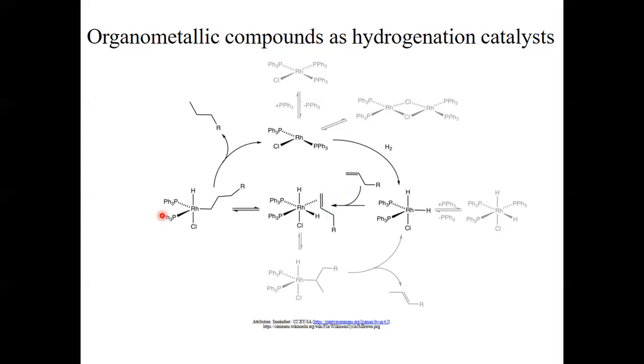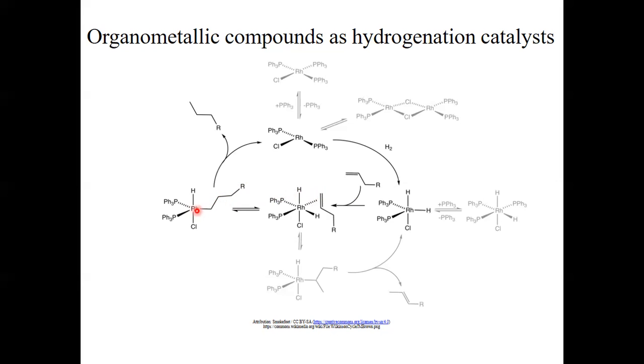So this is an unsaturated ligand here next to an anionic ligand, a hydride ligand, so we can do a migratory insertion. Okay, so that migratory insertion then creates a new anionic ligand, which is now this alkyl group.